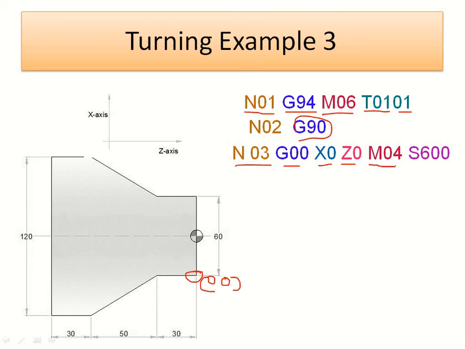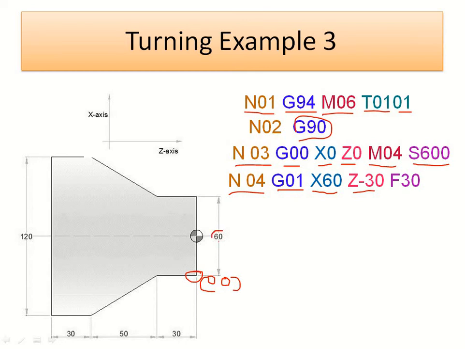Now M04, that is the spindle rotating clockwise or anti-clockwise, depending on the job, and then we can give the spindle speed of 600, similar to the last program. The next block represents linear interpolation with X60 and Z minus 30.